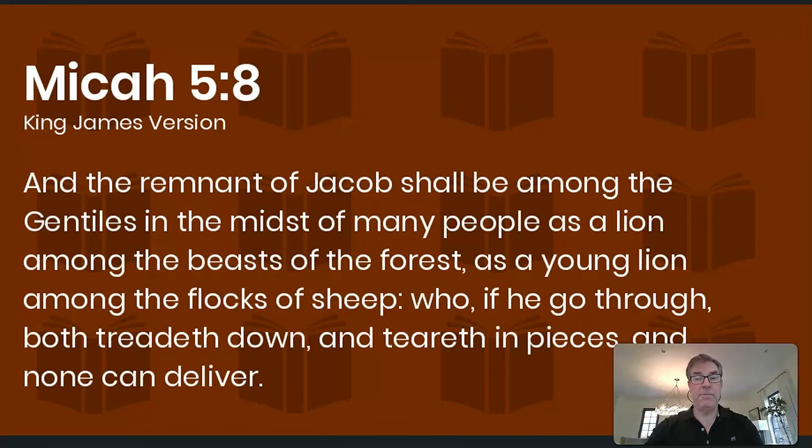These are millennial kingdom verses. And specifically, it shows that the land of Jacob, the remnant of Jacob, at that time would be in the midst of the nations. And that Mount Zion is situated in the north, on the sides of the north.